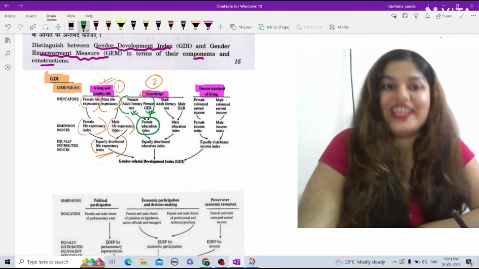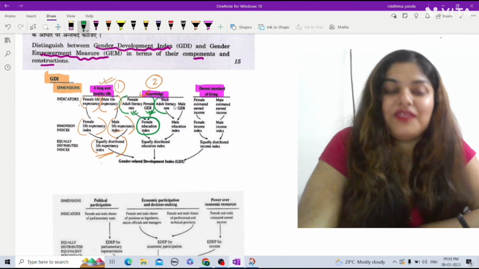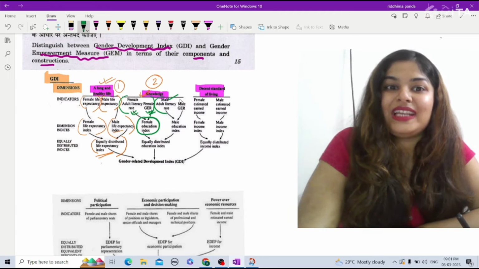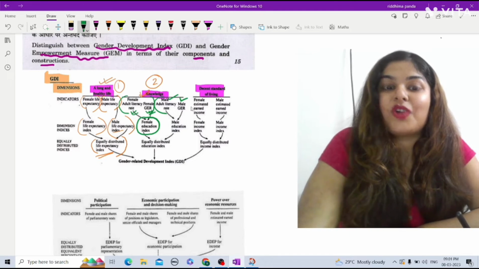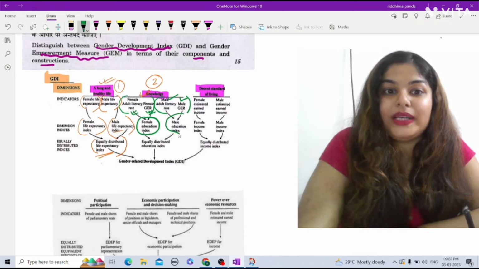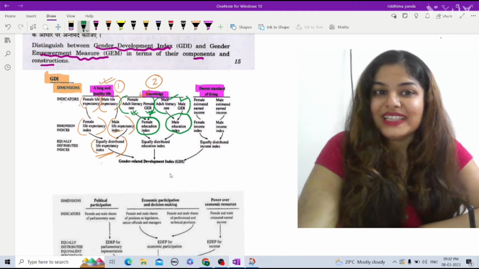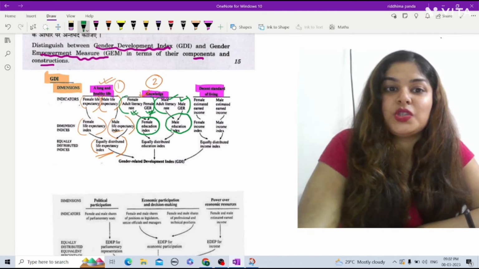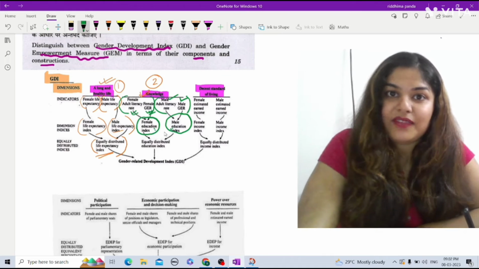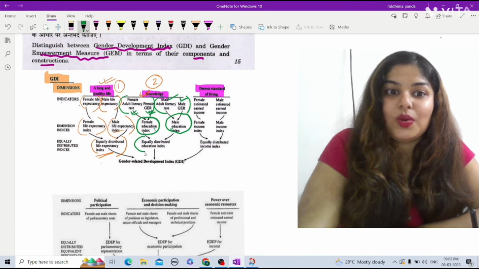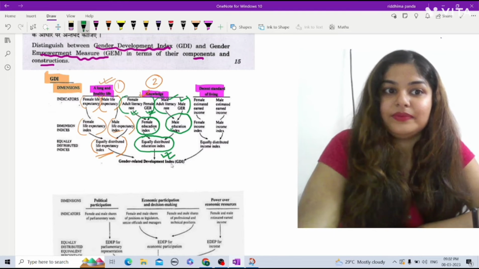Similarly for male, we measure male literacy rate and male gross enrollment ratio together to calculate the male education index. Now we have these two indices separately from the population. Using the equally distributed index for education, we calculate the second dimension.